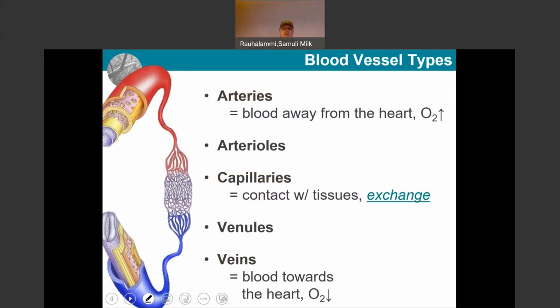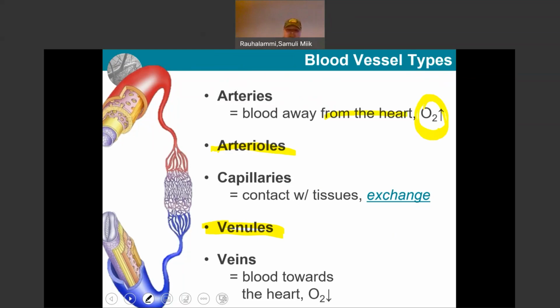So in addition to those, we're going to add arterioles, which are basically smaller versions of the arteries, located somewhere between the arteries and capillaries. And same goes for the venules, which are smaller versions of the veins between the capillaries and veins. And of course, we remember that arteries were all about carrying the blood away from the heart, and this blood typically in systemic circulation is oxygen rich.